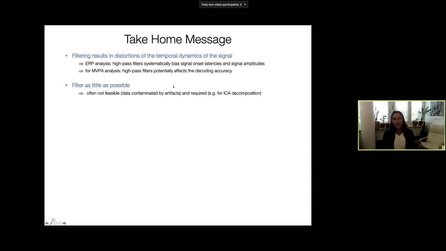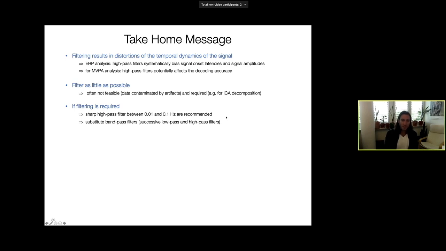However, this is often not feasible as the data is contaminated by artifacts, and ICA, for example, requires high-pass filtering. If filtering is required, use sharp high-pass filtering between 0.01 and 0.1 hertz, and substitute low-pass filters by successive shallow low-pass filters and sharp high-pass filters, and substitute notch filters with CleanLine and Zapline.